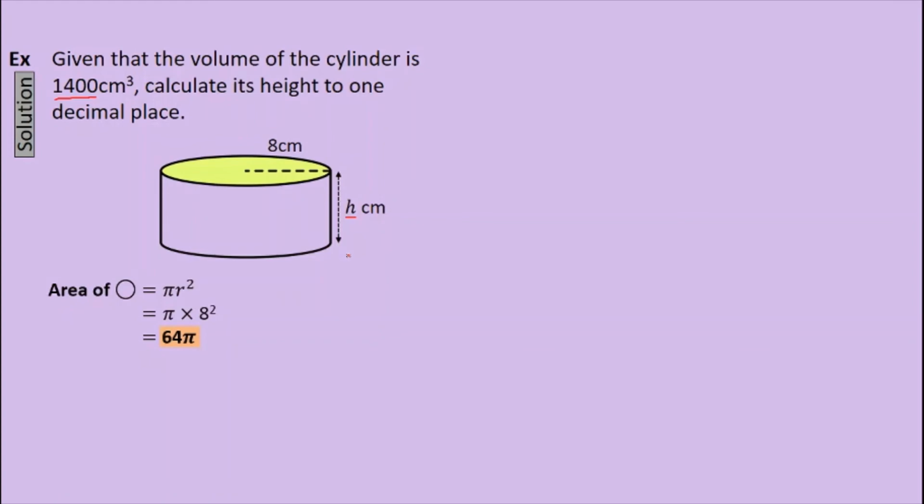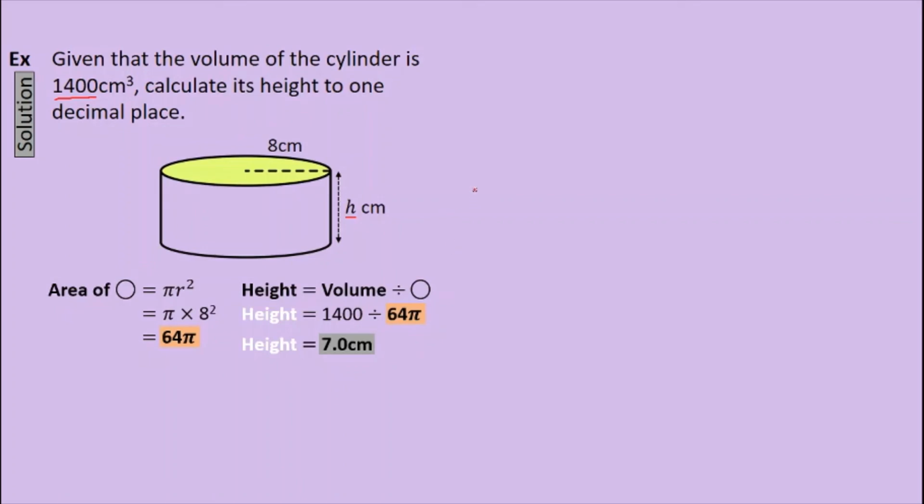Then I can work out the height by using the volume we know and dividing by that area of a circle. So the volume is 1400, divide by my 64 pi I got a minute ago, and you should get an answer of 7.0 when rounding to 1 decimal place.